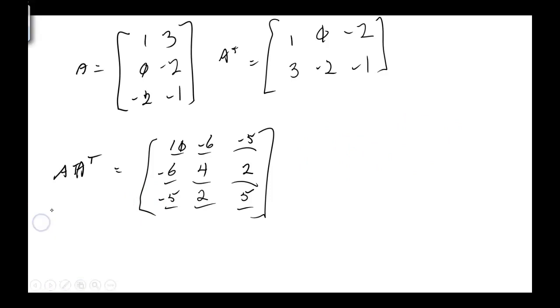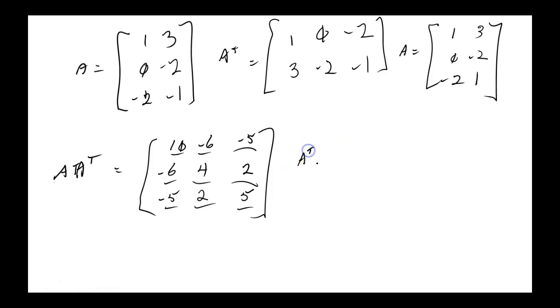Let me write the A over here: 1, 3, 0, -2, -2, 1. Can you do A transpose times A? Yes, you can. What size will the result be? 2 by 2.